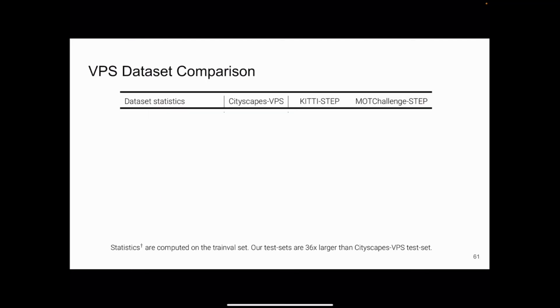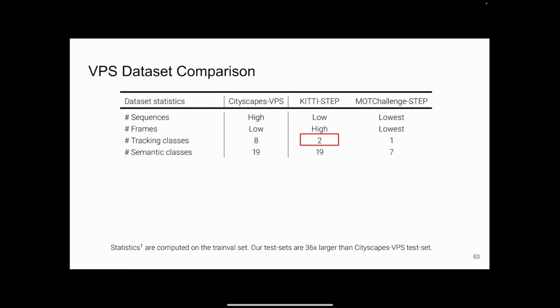In this slide, we compare Cityscape VPS with our KITTI-STEP and MOTChallenge-STEP datasets. Our KITTI-STEP contains more video frames than Cityscape VPS. Even though we only check two classes, they are the most dominant classes in the dataset.